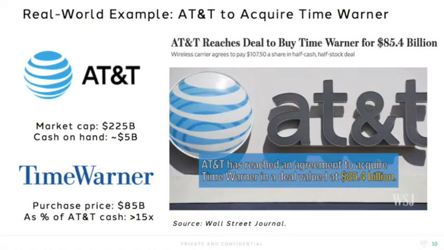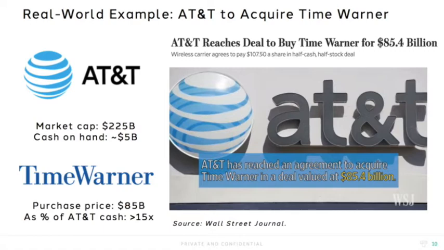So again, whereas in the Apple buying Shazam example, Apple needed only 2% of their cash on hand to acquire Shazam, in this case, AT&T has $5 billion in cash on hand, and the Time Warner acquisition was for 15 times that amount, for $85 billion.